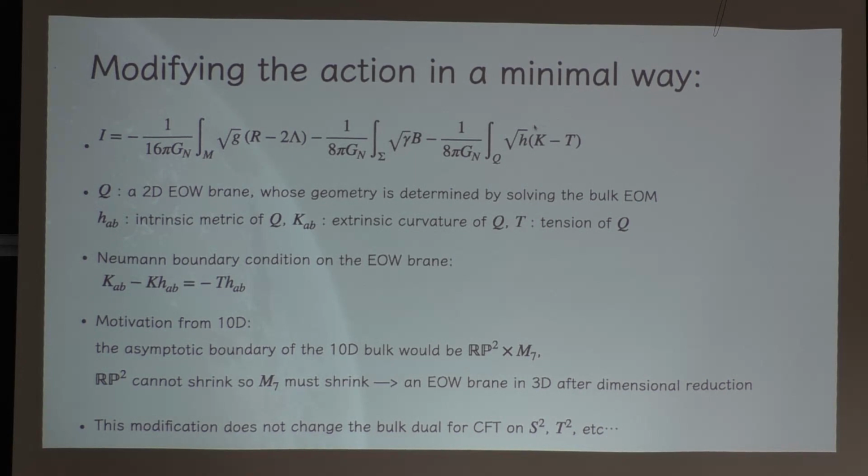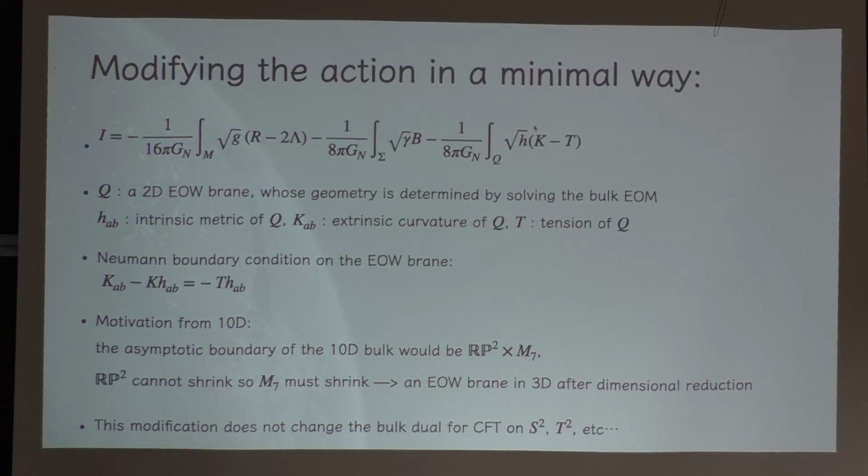There's a motivation from a 10-dimensional point of view. Although we're only looking at a bottom-up construction in AdS3 and CFT2, we can think about what if we have a top-down constructed two-dimensional holographic CFT. Then in that case, what we are actually doing is looking for a 10-dimensional geometry whose asymptotic boundary is RP2 times some 7-dimensional compact spacetime.